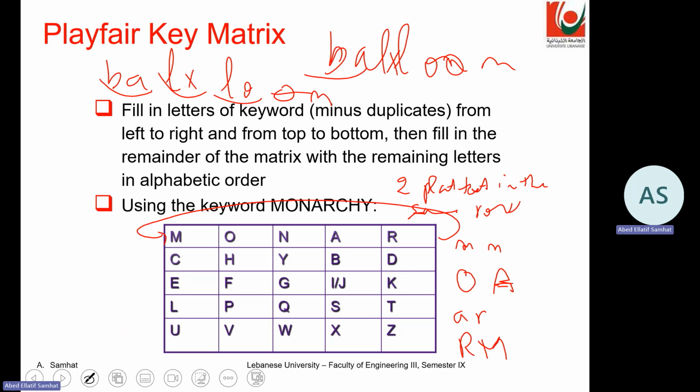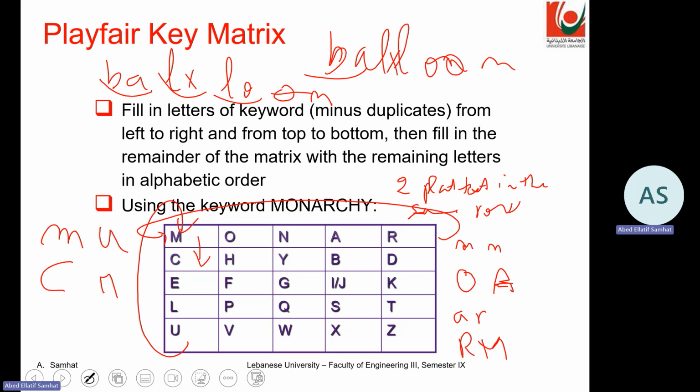For example, if we have M and U, in this case M will be C, and U will be M. So we shift down one letter, and U will be on the top of the column. It's a circular shift. Okay, is it clear for you? This covers all cases in a Playfair cipher.